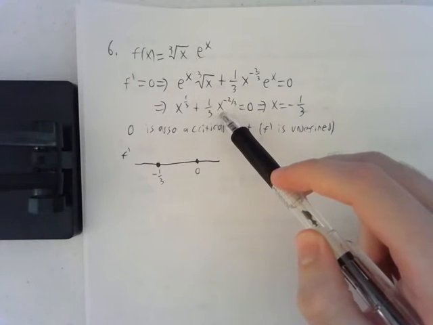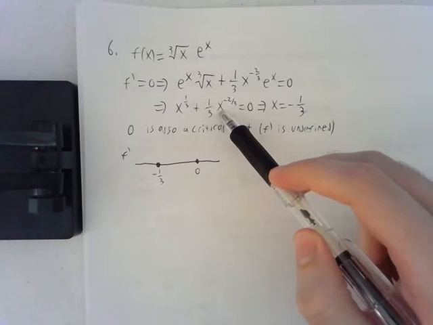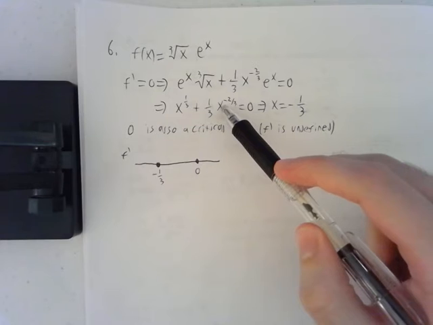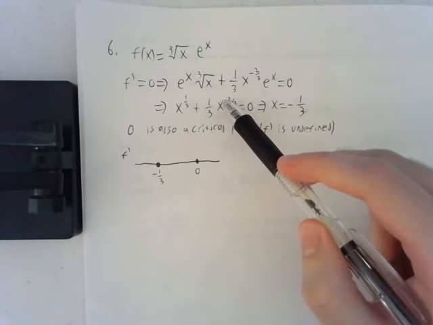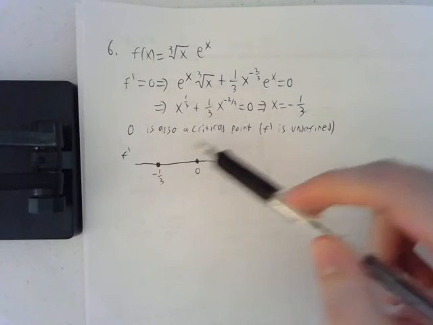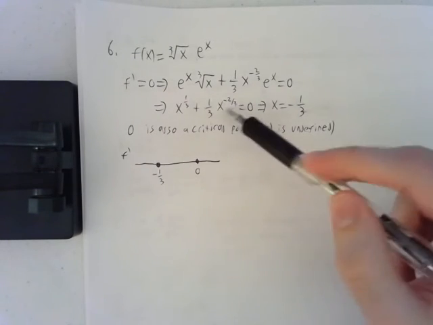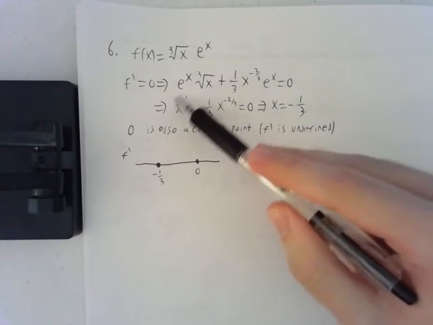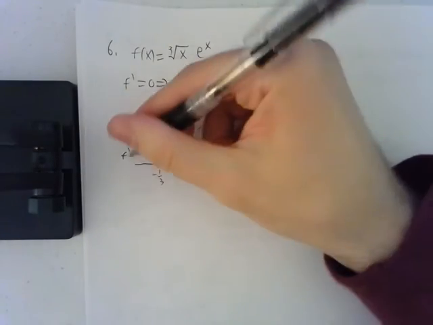This second term will be a relatively small number, because remember this is like 1 divided by x to the 2/3 power. If x to the 2/3 power is really big, which it will be if x is a large negative number, then since we're dividing by a large number, this term goes to 0. And we're just left with the effect of this term, and therefore the sign is negative.